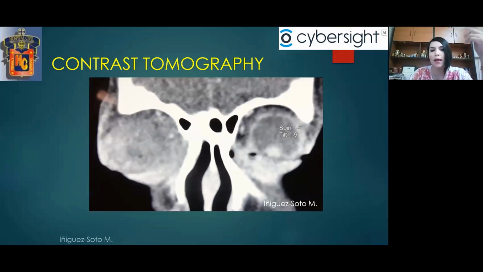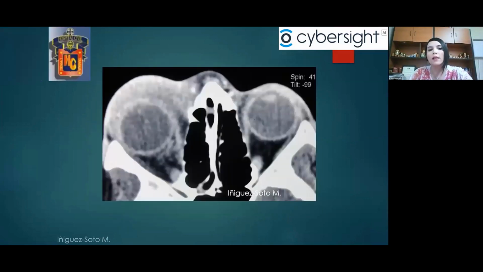After that, we ask for a contrast tomography, and we can see a hyperdense mass in the totality of the eyelid. In the axial projection, we can see that the mass covers the entire portion in front of the eyeball, but the eyeball is respected.